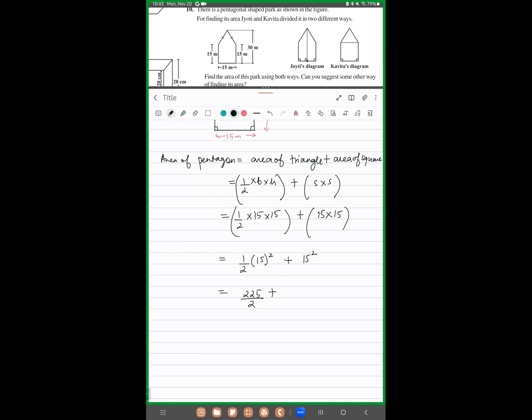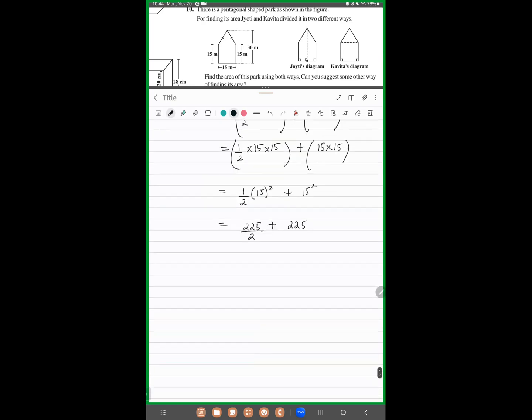So 15 square by 2, which is 225 by 2, plus 15 square, which is again 225. So how much is this going to be? 225 plus 450 by 2, which is 675 by 2.